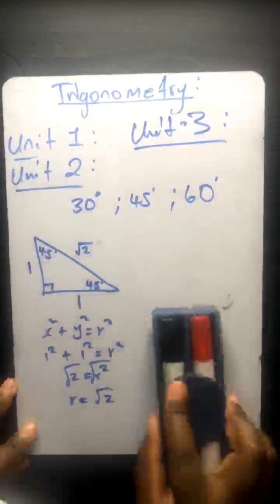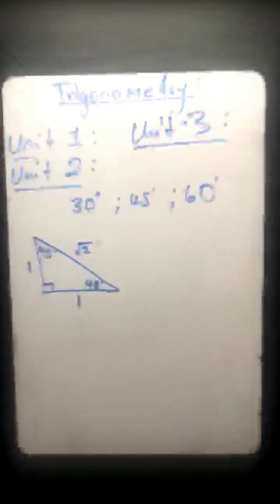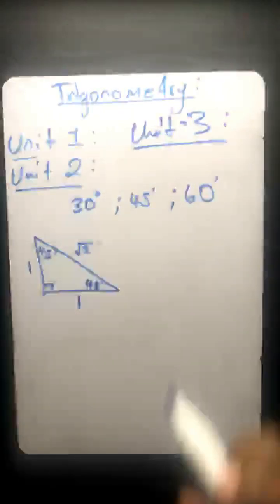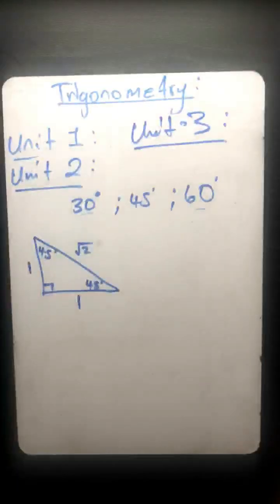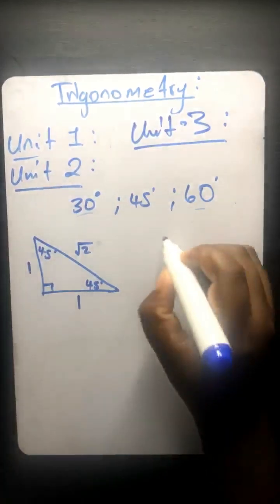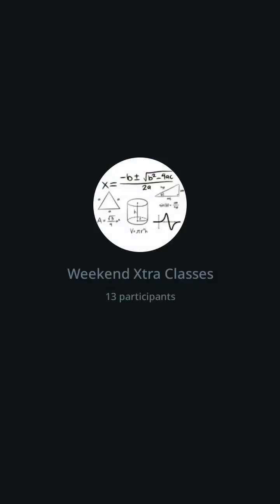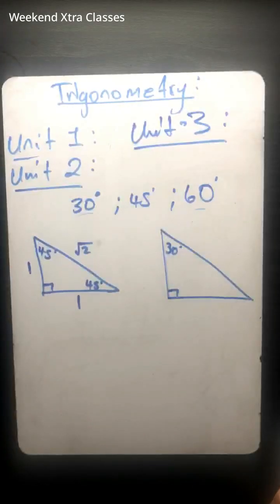So the same calculation can be performed in order to determine the sides for the 30 and 60 special angles. So this is what happens for the special angle of 30 degrees being at that angle there.